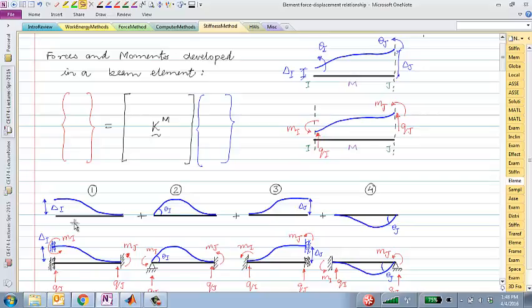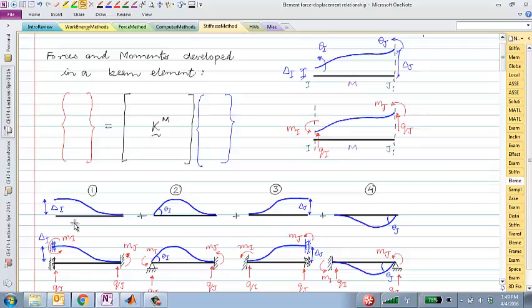Okay, so if you look at this shape, only displacement at node I is given delta I, and all the other degrees of freedom are 0. No rotation here, no rotation or displacement here.